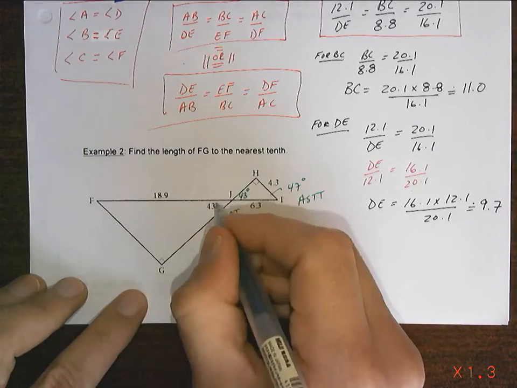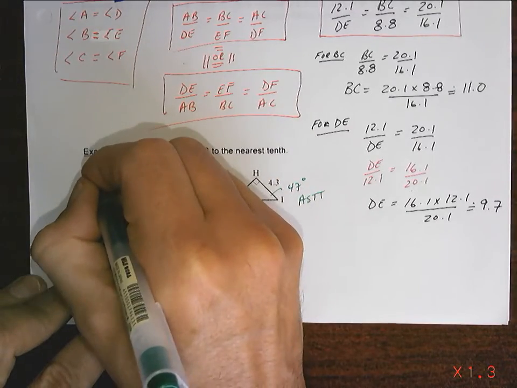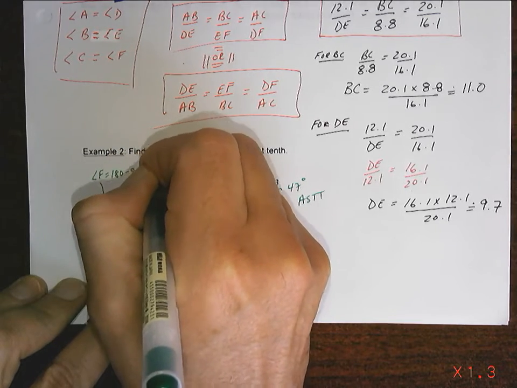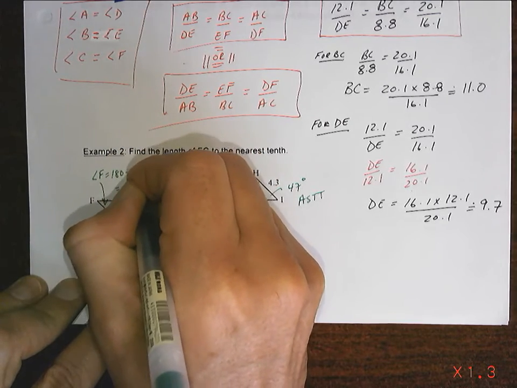I've got 90, I got 43. So this angle F is going to be equal to 180 minus the 90 minus the 43, which again is going to be the 47 degrees.